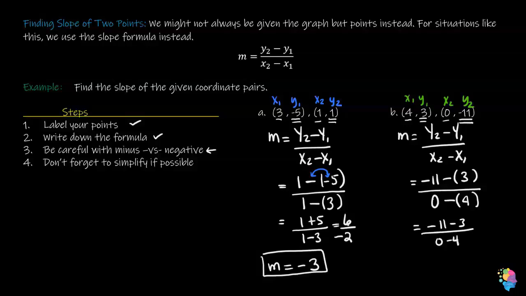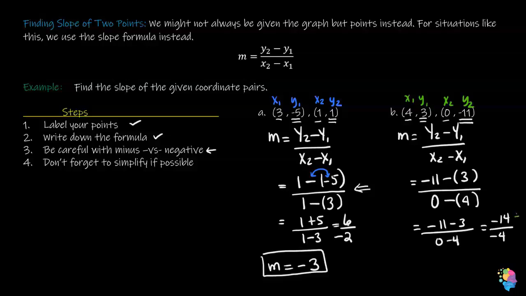And what I mean by a negative minus situation is what we had here. So -11 minus 3, same sign, we add and keep the sign, that's -14, over 0 minus 4, that's -4. Now, in this case, 14 cannot be divided by 4 evenly, but they can be simplified.